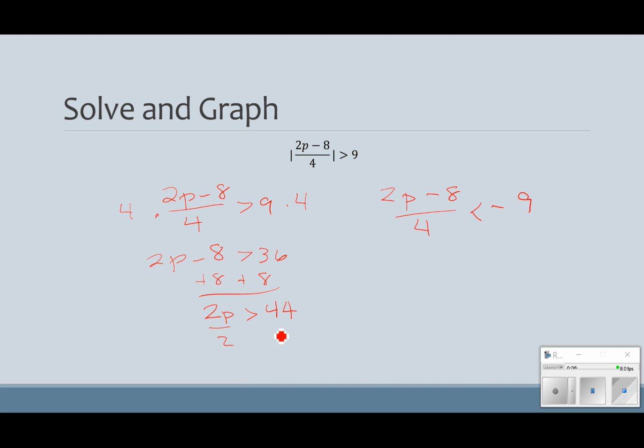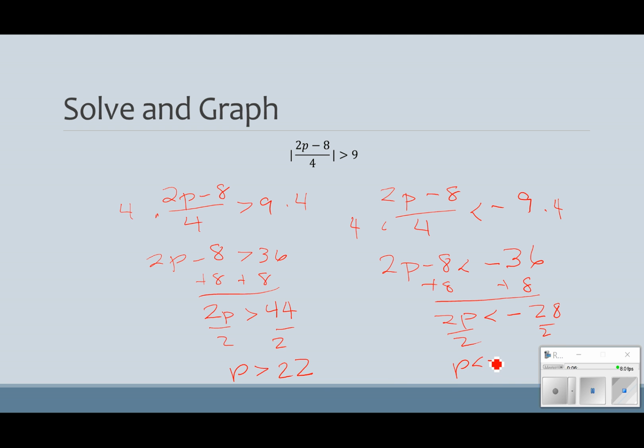Divide by 2, p is greater than 22. Now if I multiply by 4, I'm going to get 2p minus 8 is less than negative 36. If I add 8, I'm going to get 2p is less than negative 28. If I divide by 2, I'm going to get p is less than negative 14.